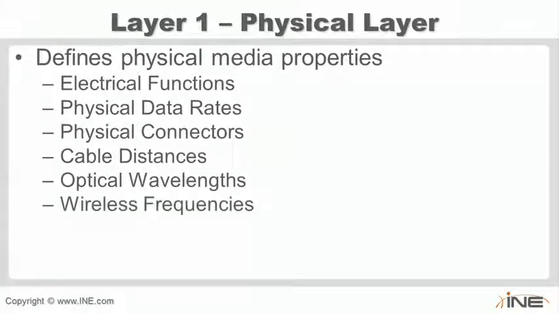optical wavelengths. And in the case of wireless, this is going to be your frequency. Like when we talk about the difference between 802.11b or 802.11g and n, they run at different wireless frequencies in order to send and receive the data. But in this case, that would be considered a physical function. Where in the case of Ethernet, your physical media might be your copper cable, but in the case of wireless, your physical media is the air.